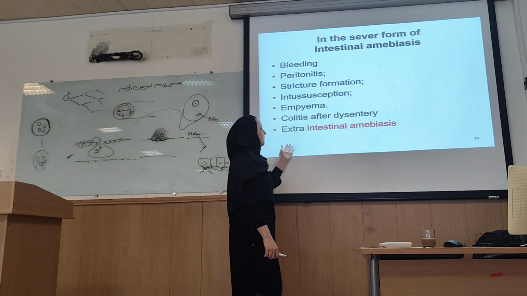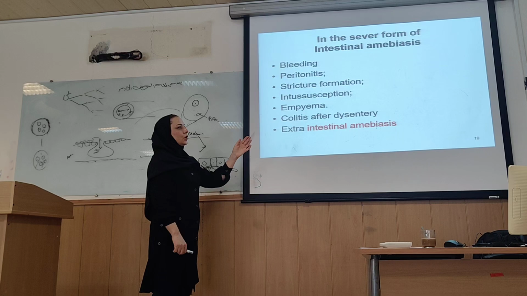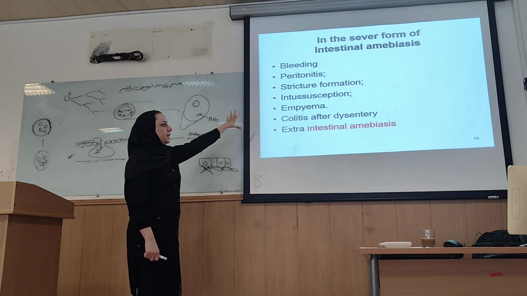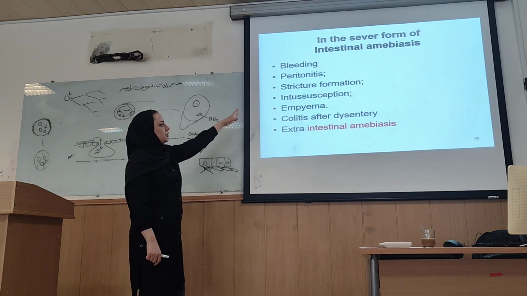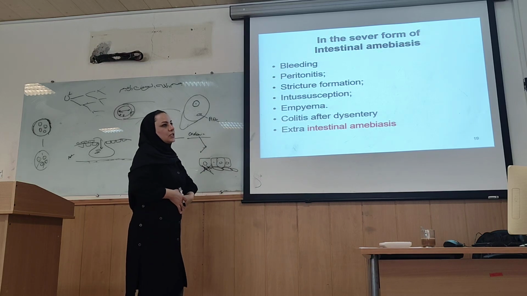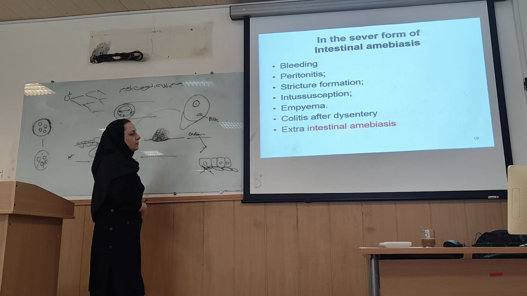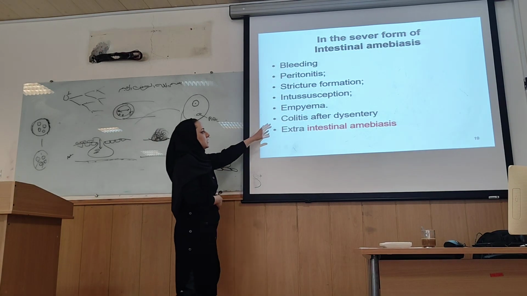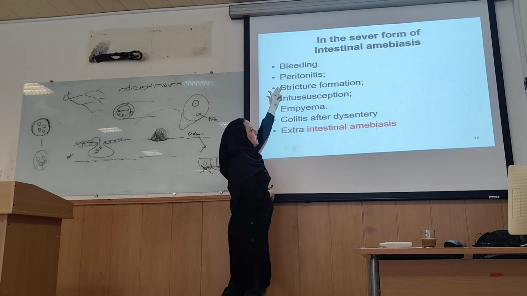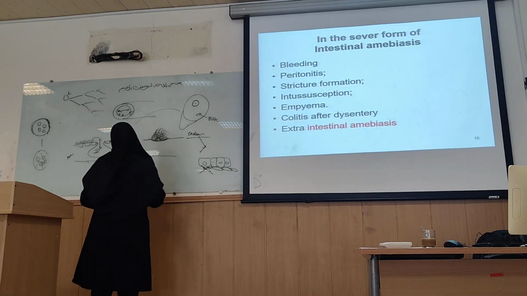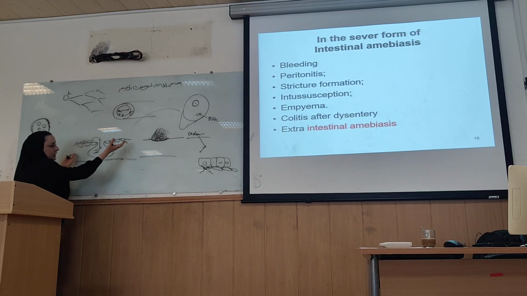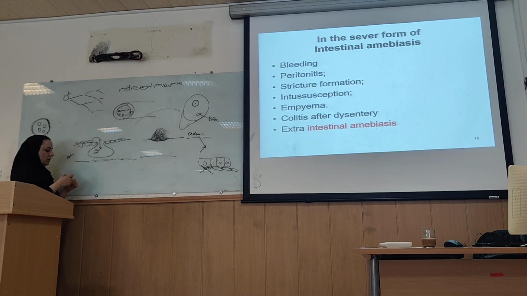And in severe form, I want you to memorize different complications, for example, stricture, intussusception, and sometimes bleeding may happen, but the most important thing is peritonitis. Sometimes histolytica... Here is the lumen. The space inside the colon is the lumen.